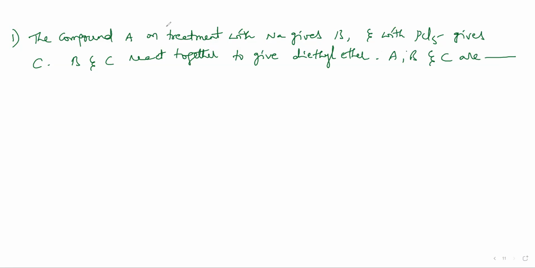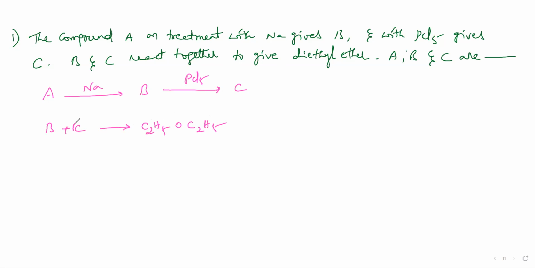Okay, let us write that sequence. A on treatment with sodium gives B. Now B with PCl5 gives C. Now B and C give diethyl ether, that means C2H5OC2H5. Now this is the given sequence.